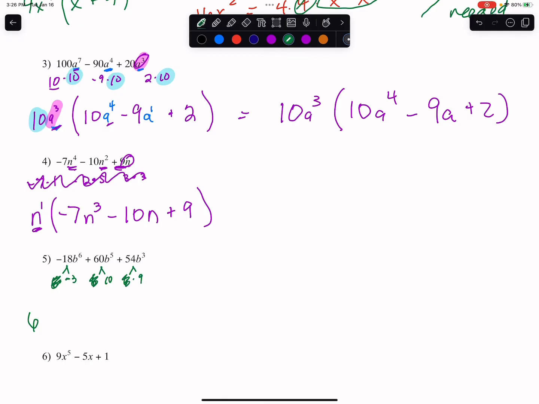So when we put the numbers back in, we're going to use -3, we're going to use 10, and we're going to use 9. Okay? So put the parentheses. Oh, not yet. Not parentheses yet. Now, I look at my variables. What is the smallest one? Smallest one is that one. Okay? So that one comes out.